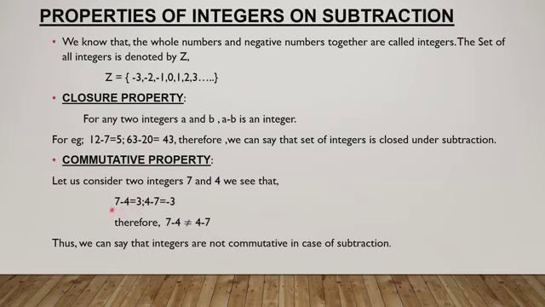But if I change the position of the numbers, my answer differs. 7 minus 4 is 3, but if I write 4 minus 7, my answer becomes -3. That means 7 minus 4 is not equal to 4 minus 7. So we can say that integers are not commutative in case of subtraction. The commutative property does not hold in case of subtraction.